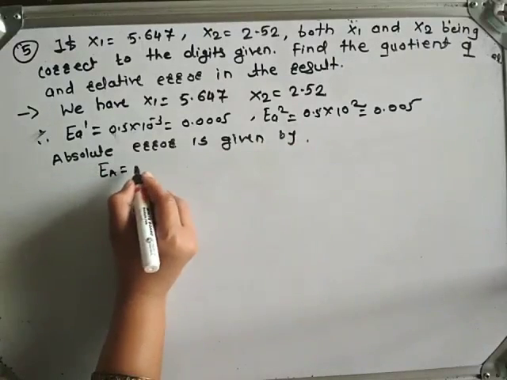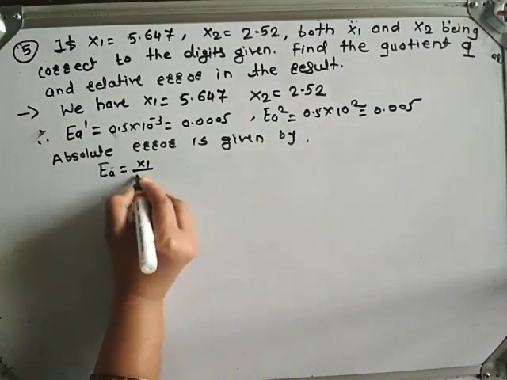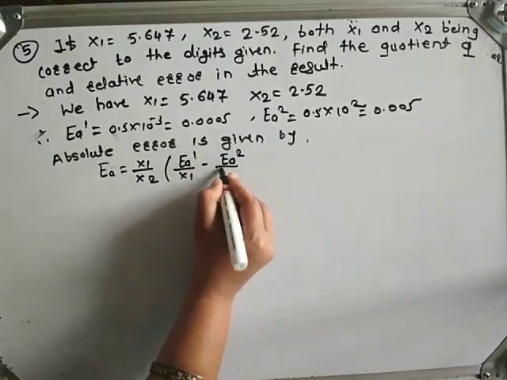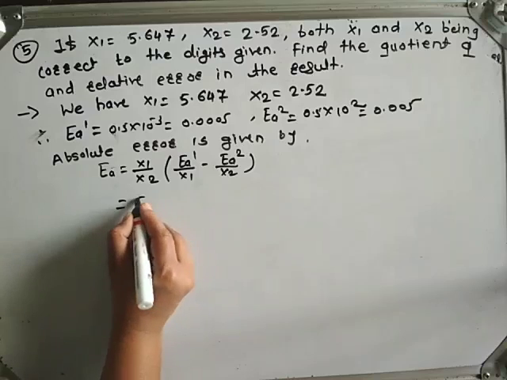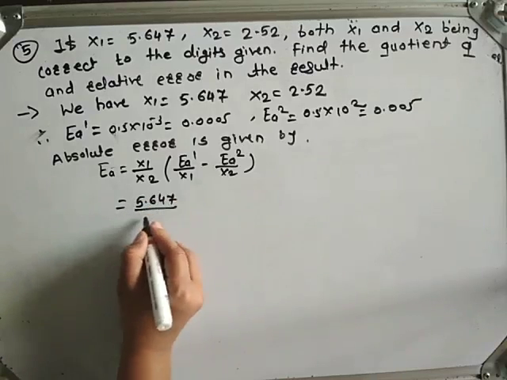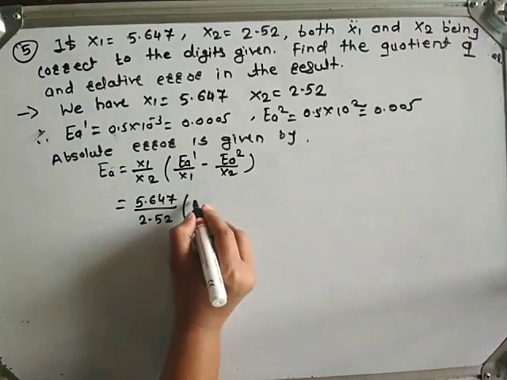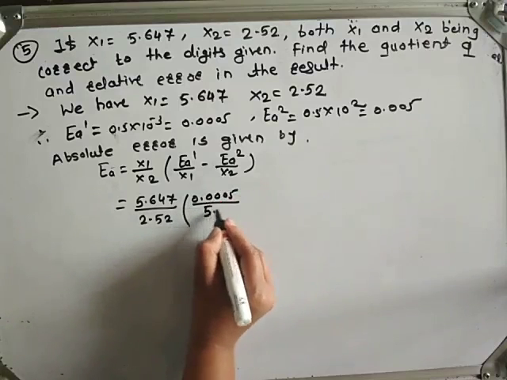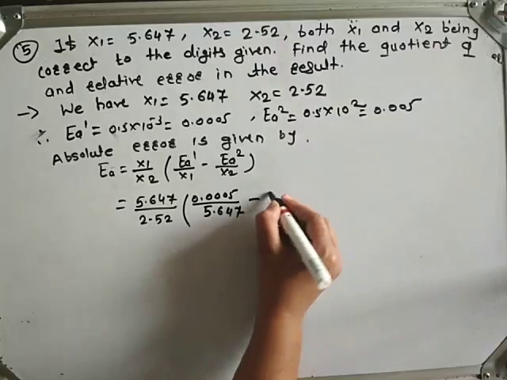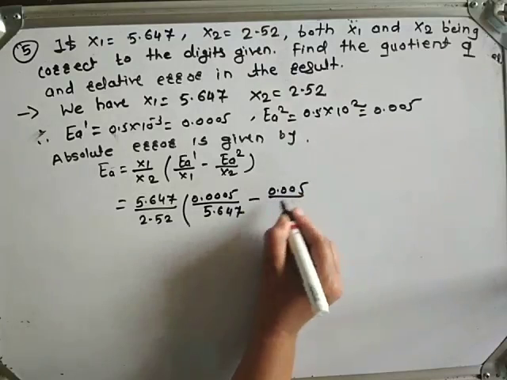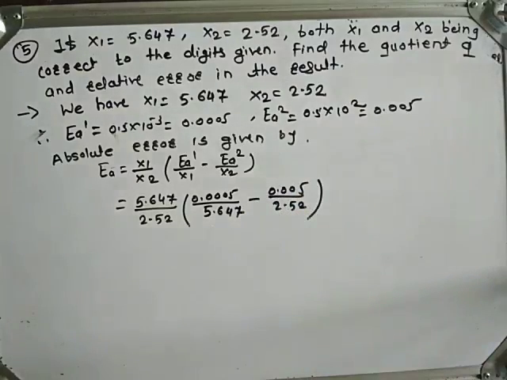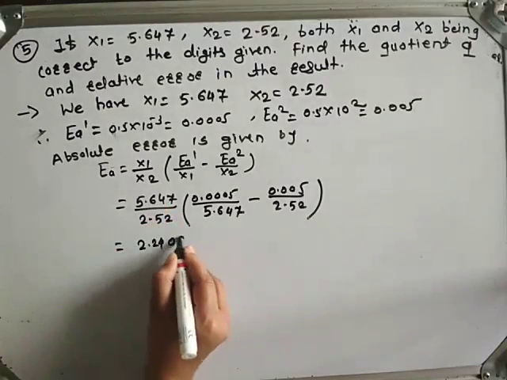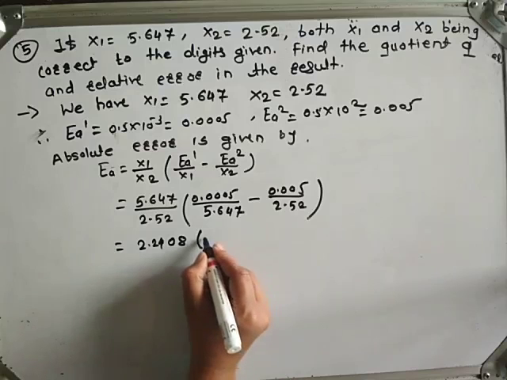We have seen in the remark, EA equals x1 upon x2 into EA1 upon x1 minus EA2 upon x2, which is equal to, what is x1? x1 is 5.647 upon x2, 2.52 into EA1, that is 0.005 upon 5.647 minus EA2, 0.005 upon 2.52, which equals, this quotient is 2.2408.